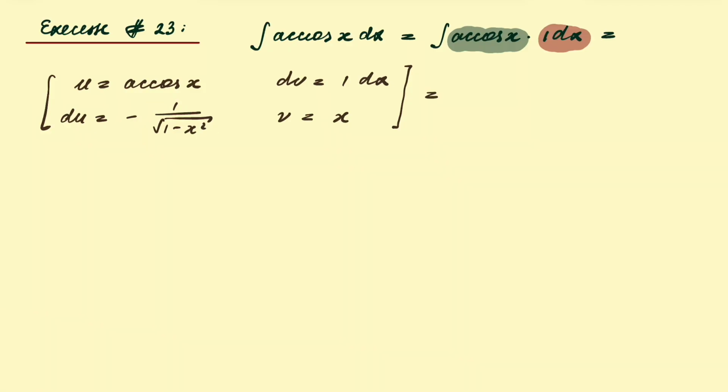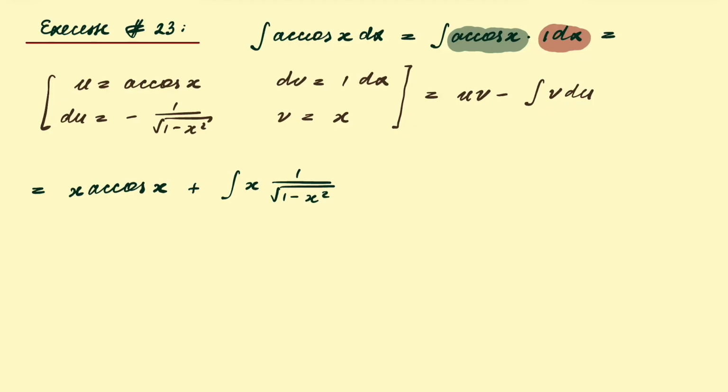So what we want to obtain here is u times v minus an integral of v times du, and putting all values together we have x times arc cosine of x minus an integral of x times minus, well, instead of minus here I directly write plus here, so it's x times 1 over the square root of 1 minus x squared dx.